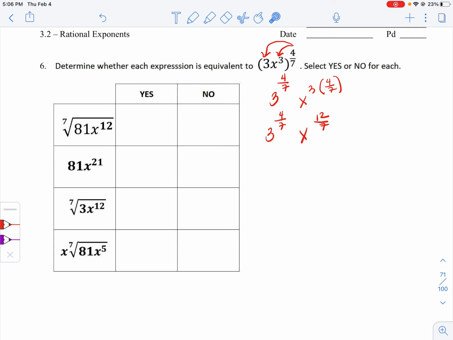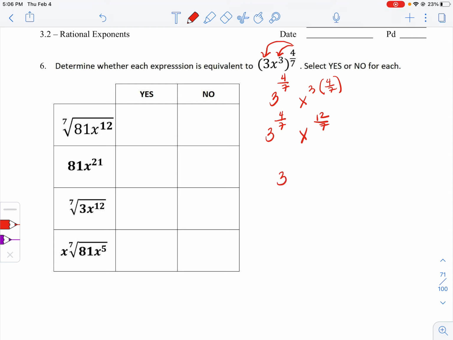So why don't we convert this into a radical? Remember now, the top tells you how many 3's you have. The bottom tells you what kind of root it is. The top tells you how many x you have. The bottom tells you what root it will be.